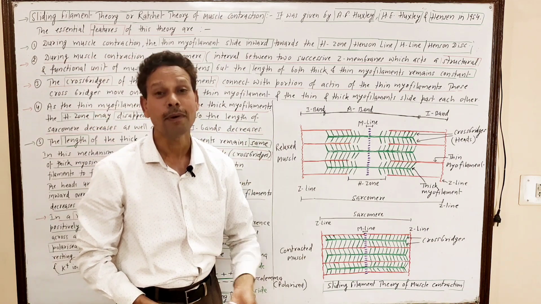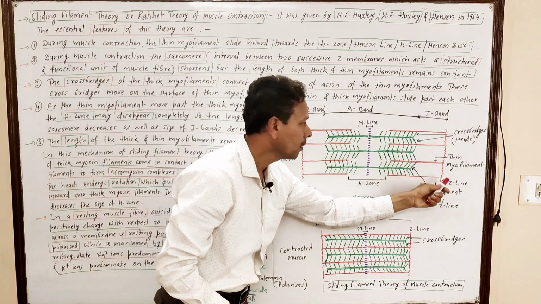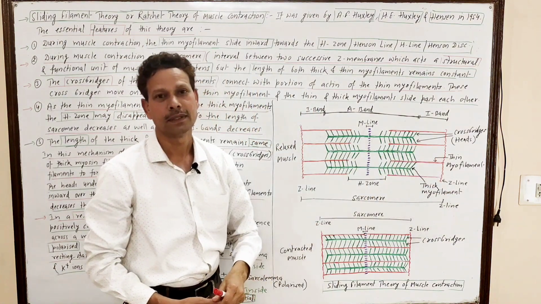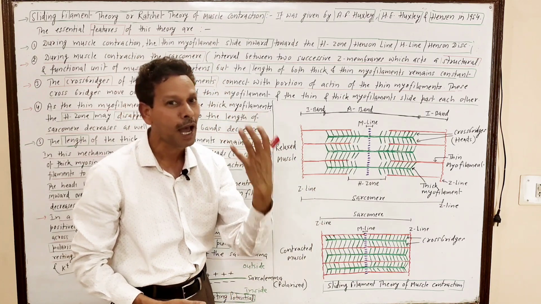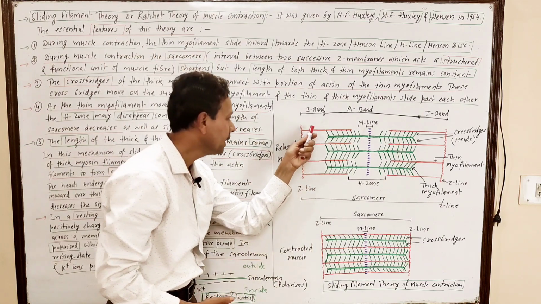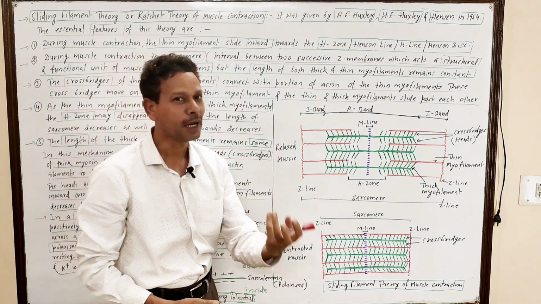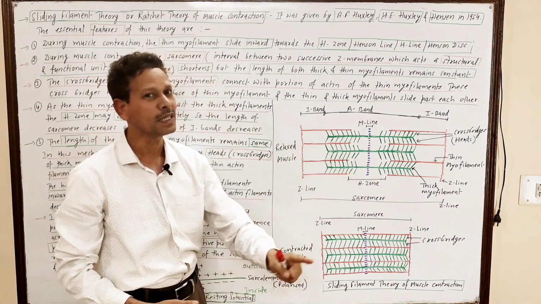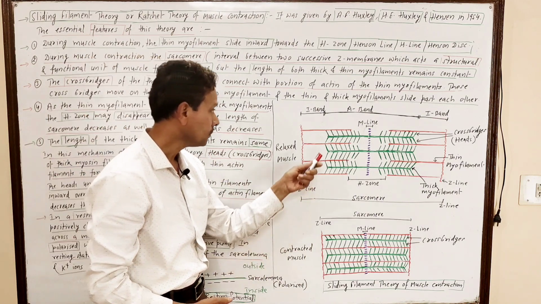As we have already discussed, thick myofilaments are made up of myosin protein, so these are myosin filaments, and thin myofilaments are made up of actin protein, so these are actin filaments.